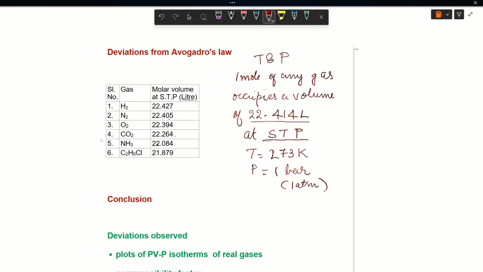Ammonia is 22.084, and for chloroethane, it is 21.879. So, these are all real gases.